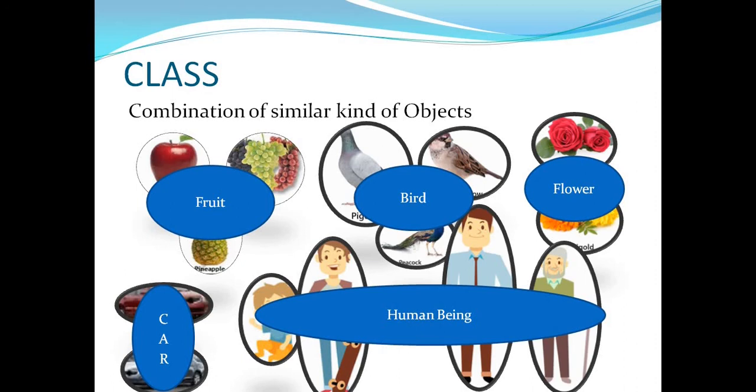The second one is their behavior, their way of working. On these two parameters you can distinguish one object from another even though they are in the same class. It might happen that two people have the same height, but their behavior is totally different. So these two are objects of the same class, human being, but they are totally different.